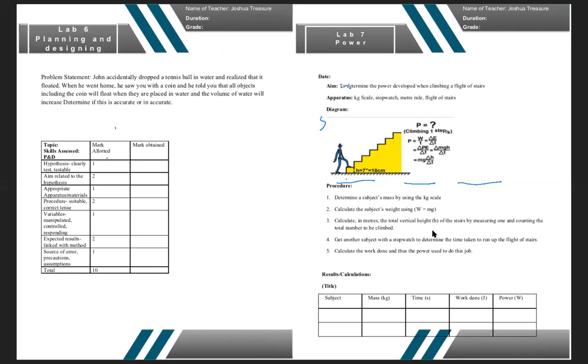I'll go back. Forget lab 6, don't pay attention to this. But now we're looking at power. Where is that document? I don't want to confuse you. Please give me a moment, guys.